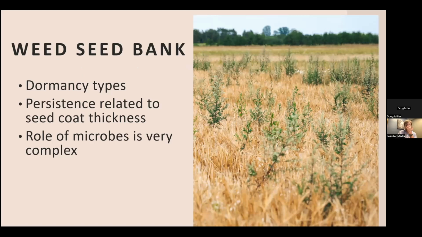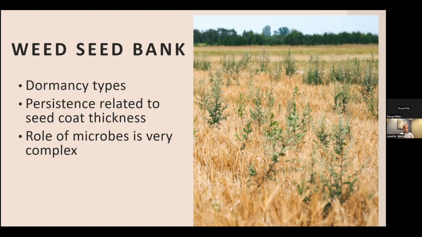Some seeds don't ever really enter dormancy, and once they're mature and they fall off the plant, they can regrow almost immediately. Other seeds will have to go through a cool period or be exposed to moisture or a dry storage period, and then they can regenerate.